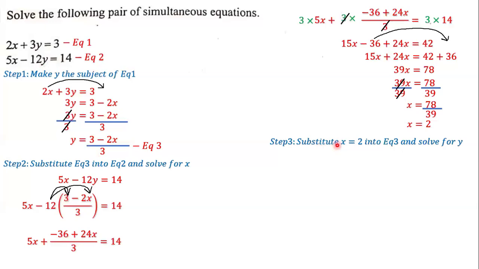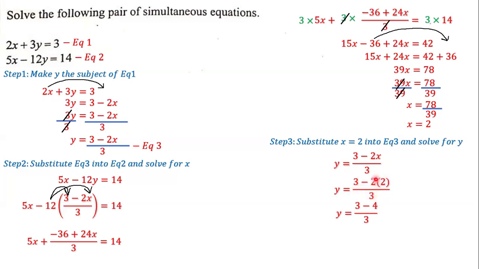Next, we substitute x is equal to 2 into equation 3 and solve for y. Here we have equation 3, and we know that x is equal to 2, so we substitute x is equal to 2 right here. We have y is equal to 3 minus 2 times 2 all over 3. In the numerator we have 3 minus 2 times 2, and in the denominator we have 3.